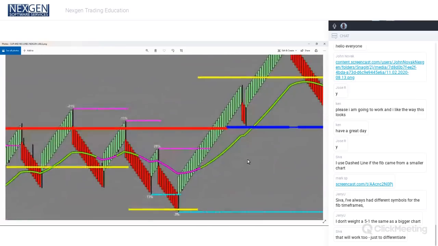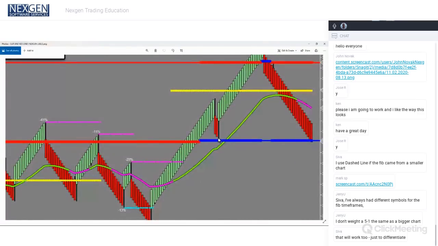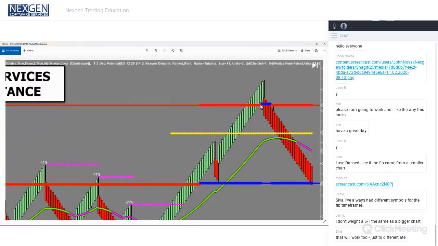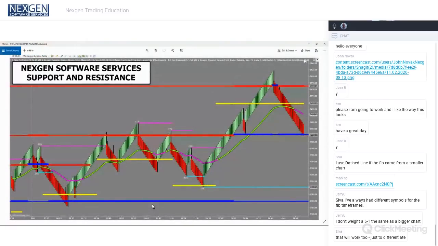If resistance breaks, it can become support, and it can go back the other way. So in a vacuum, we can't really give the support and resistance areas enough meaning. You can say there's a pretty good chance of resistance or support holding.